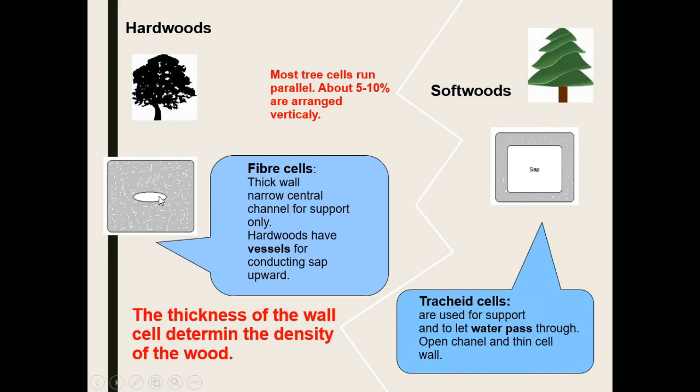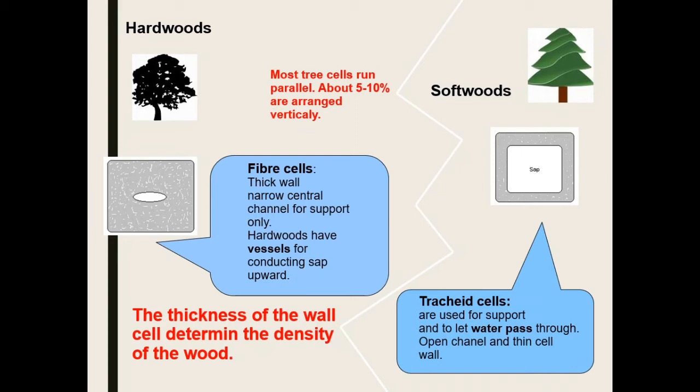That means water goes through the channel very slowly, so it's thick and dense. That is why hardwoods are very dense material. Dense material means that it's very hard, structurally strong, so if you hit it, it's not going to break very easily. Typically dense timbers will have grains that are very close together.